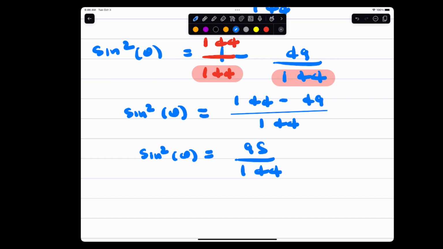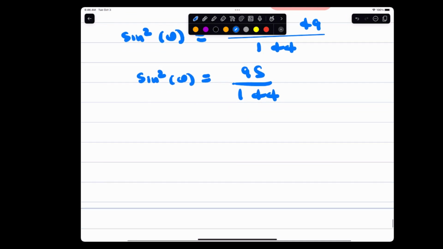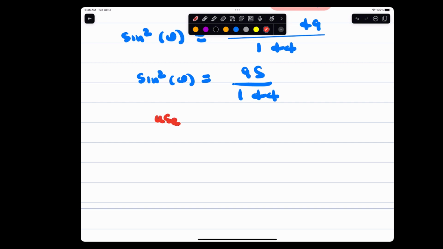So does anybody happen to know, how do we get sine from this? You got sine squared. How do you get sine? What do you have to use? The square root formula.